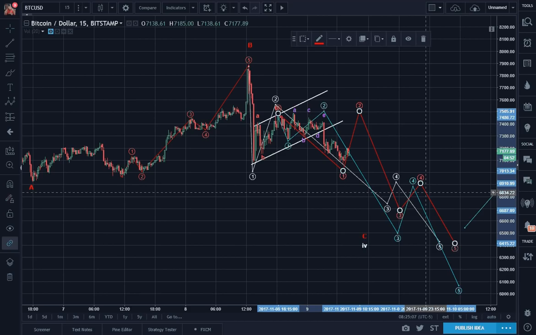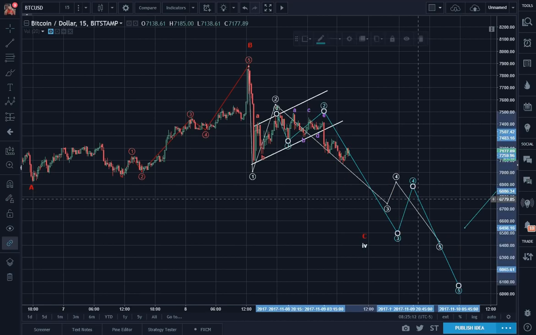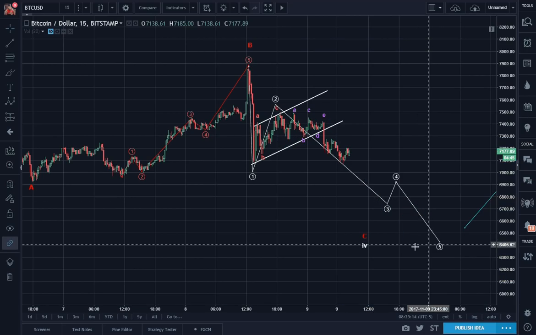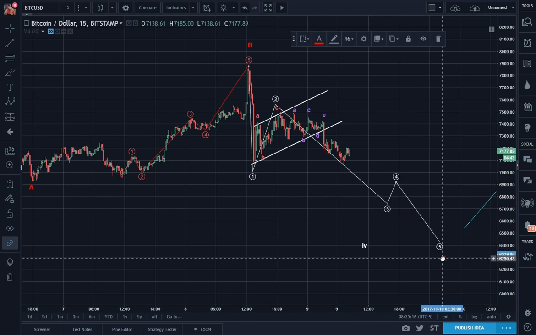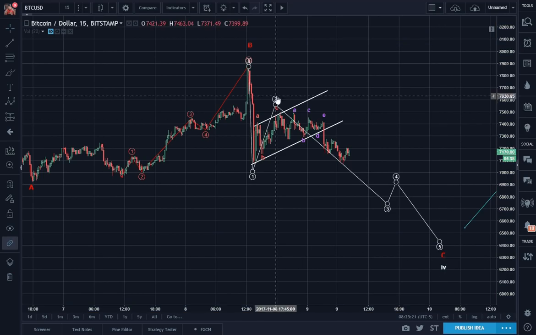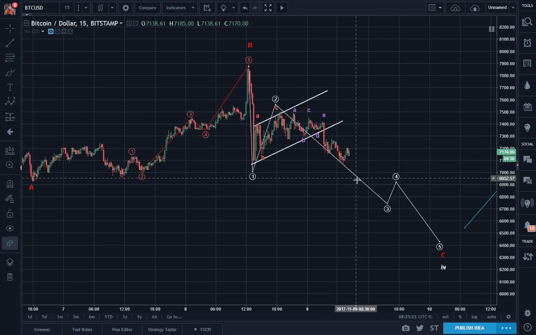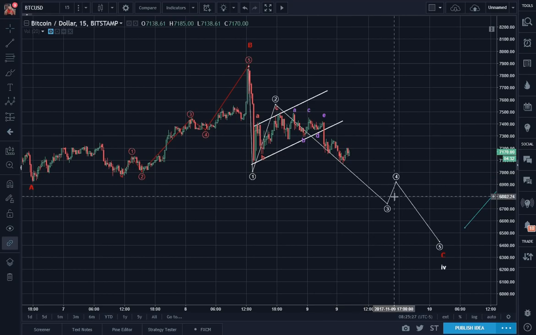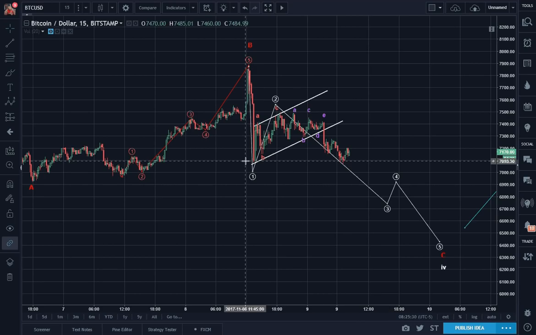But I don't think these are as important as this, because this is the one that gives you the direction best, in my opinion. So we may see a bounce in the subwaves, but we should see lower lows, as we already have, I think.